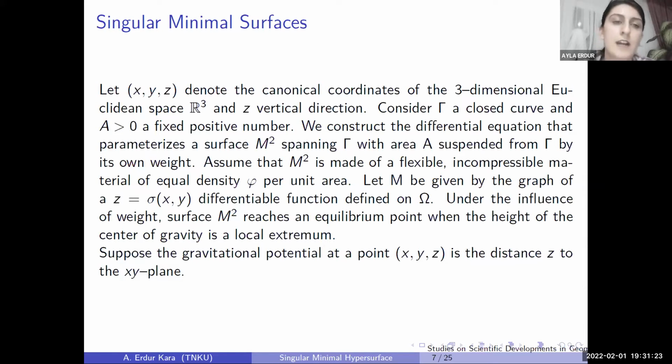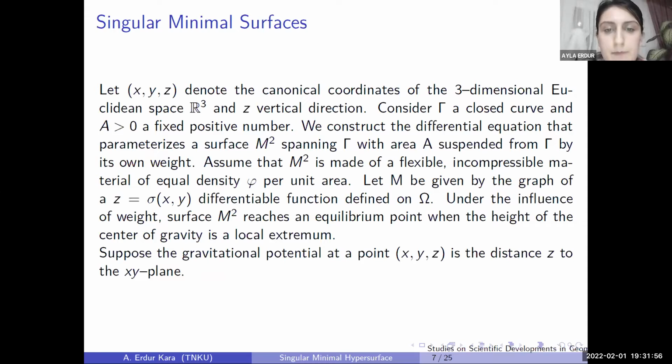Let x, y, z denote the canonical coordinates of three-dimensional Euclidean space, with z the vertical direction. Consider gamma a closed curve and a a fixed positive number. We construct the differential equation that parametrizes a surface spanning gamma with area A, suspended from gamma by its own weight.